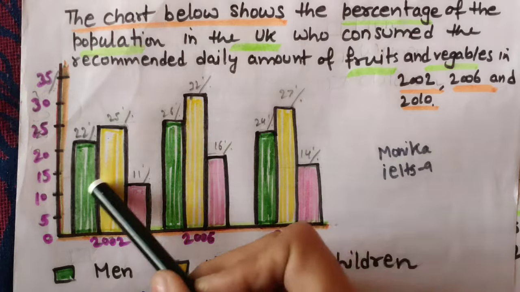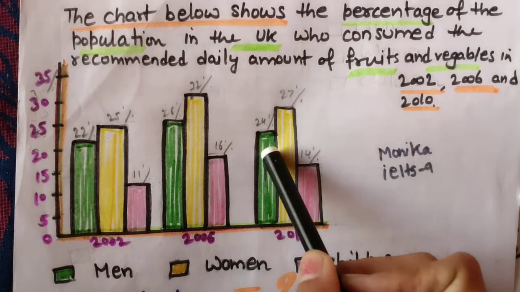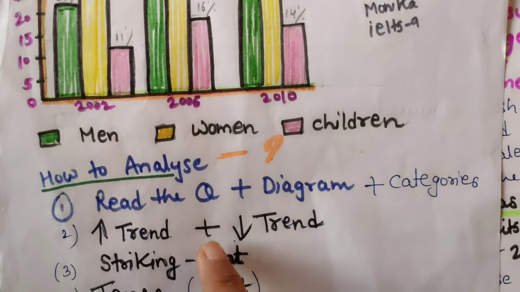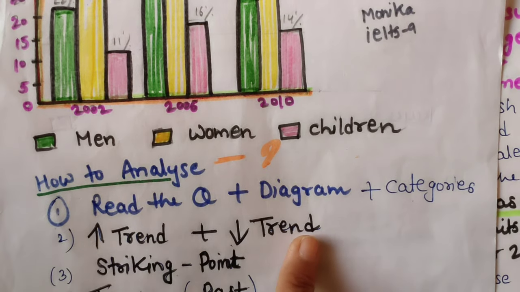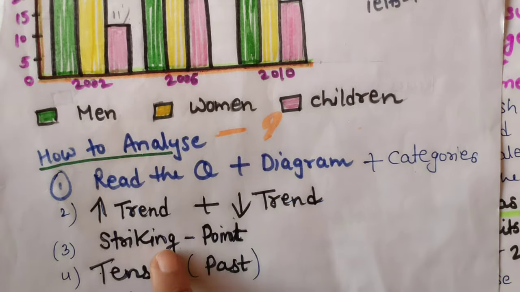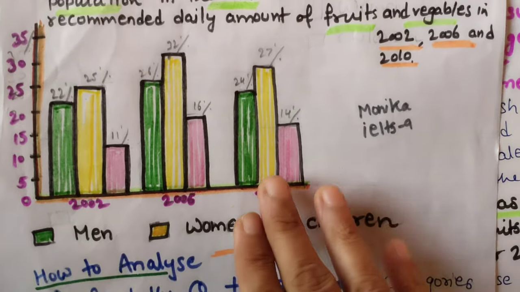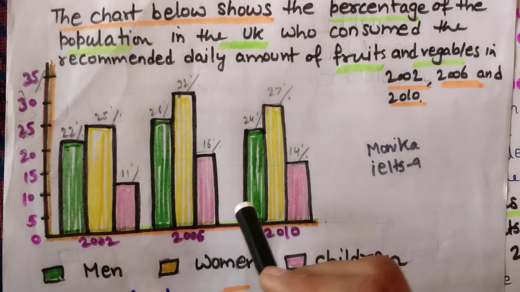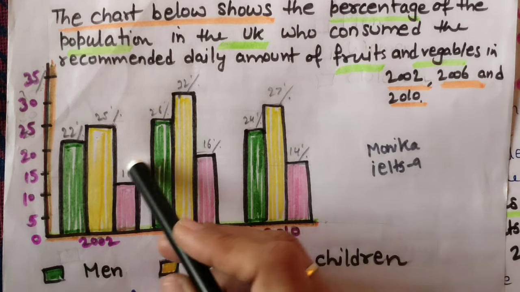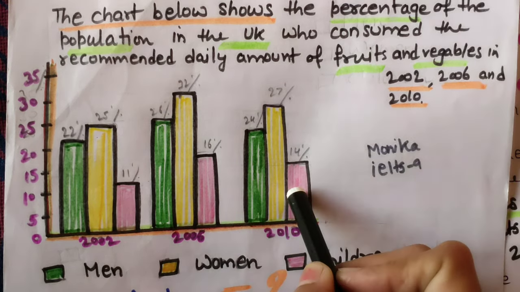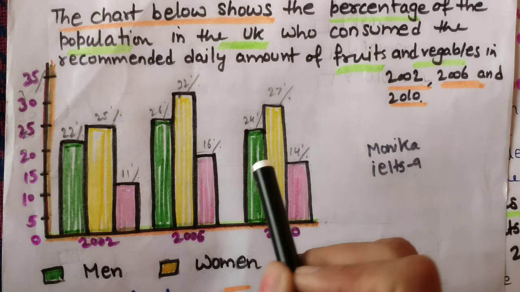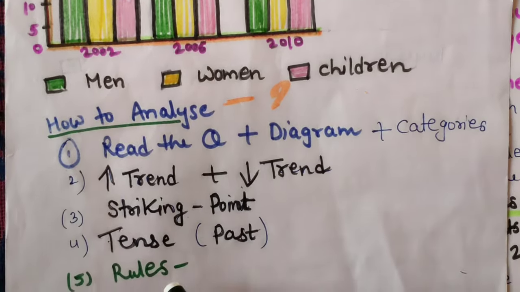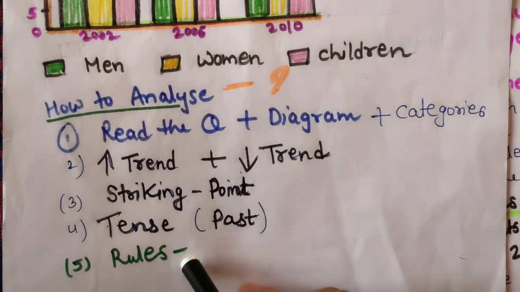So we came to know that in 2002 to 2006 it was upward, and in 2010 it is downward. And another striking point: in any writing task 1 you need to find out the striking point. Out of all three categories, children consumed less as compared to the two other groups, men and women. This I have found. And of course we have come to know the tense is past.